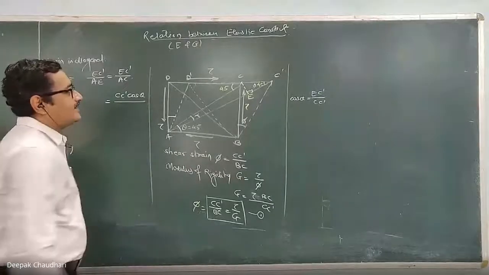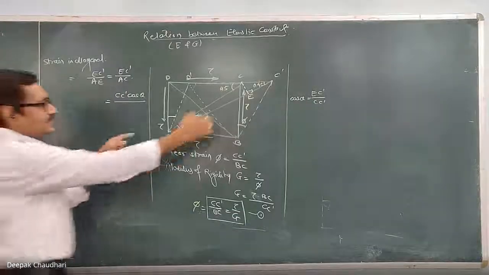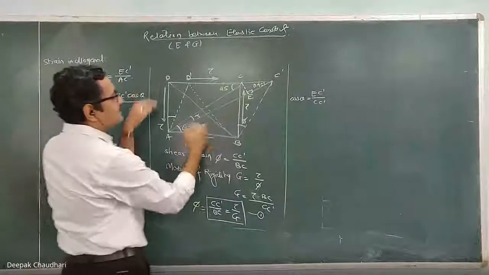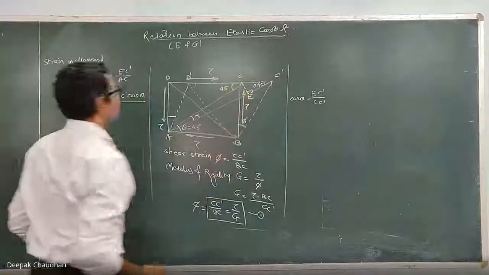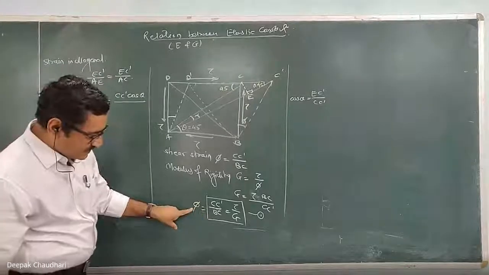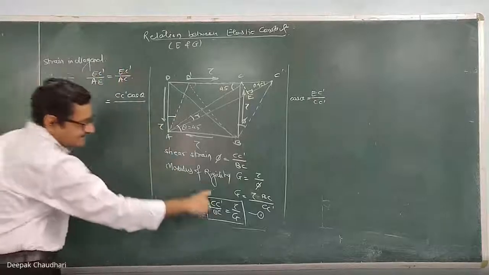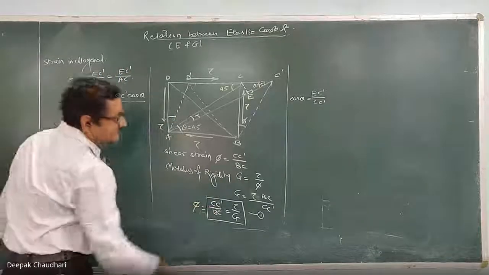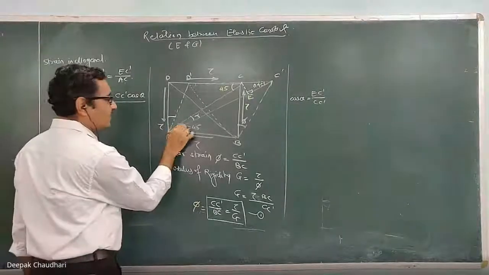Upon AC. Now, can you write down this AC in terms of BC? Since the shear strain is CC dash upon BC, I have written EC dash in terms of CC dash, and now I am writing this AC in terms of BC. Again this angle is 45.